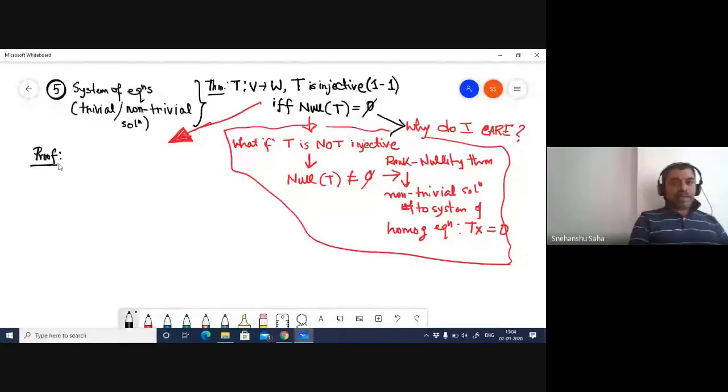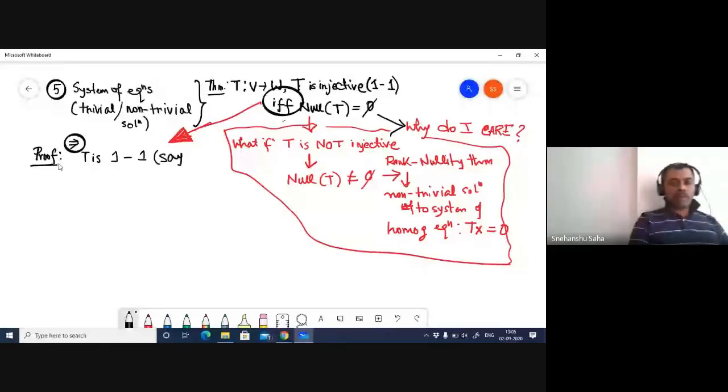You know how to deal with this if and only if type of thing. There are both directions that we need to show. First we assume that T is 1 to 1. This is the forward direction.